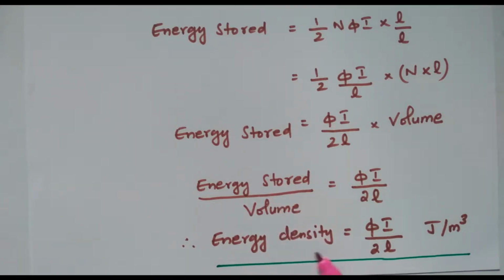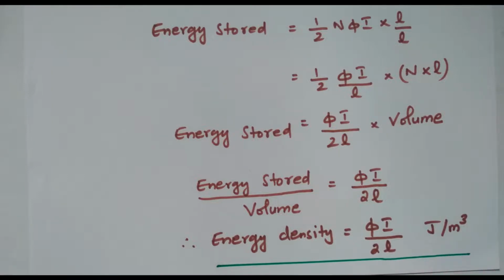It is nothing but energy density, equal to phi I divided by 2l. The unit is joules per meter cube, because it is divided by volume, which is meter cube, right?